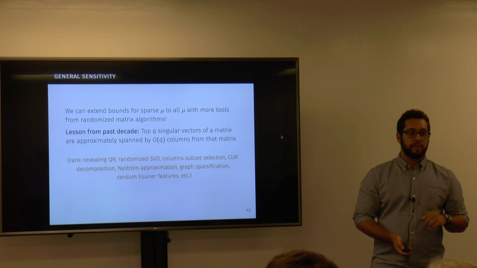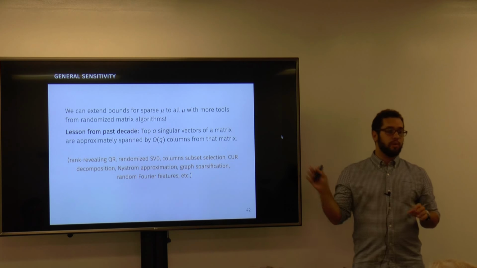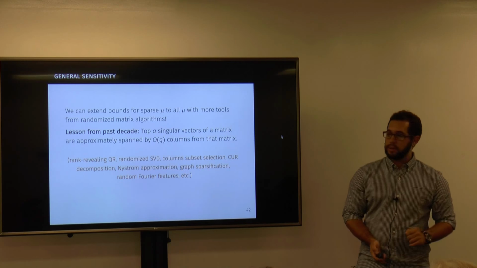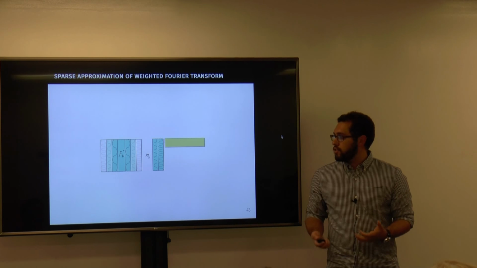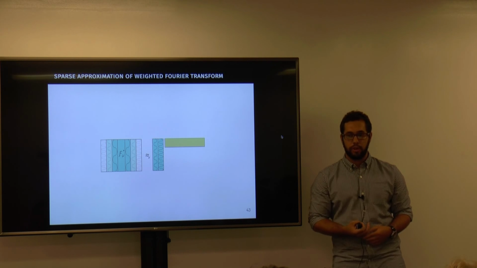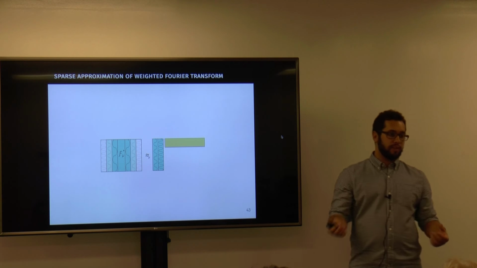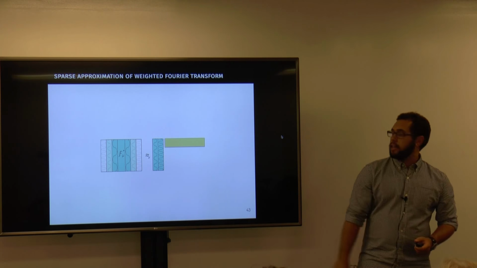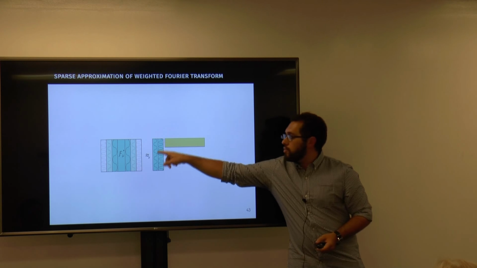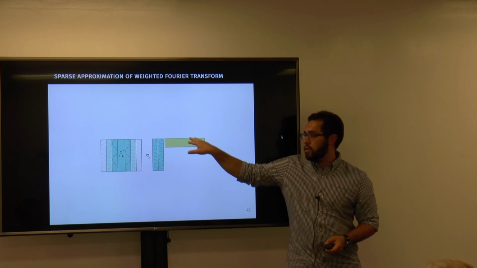It is not a uniform sample. Actually, for our result, we're not even going to care about how you get it. We just need an existential result that this is true. Once you have an existential result that I can get a good low rank approximation for my matrix using some subset of its columns, then I can write my weighted Fourier transform matrix as some subset of its columns times a reweighting matrix.